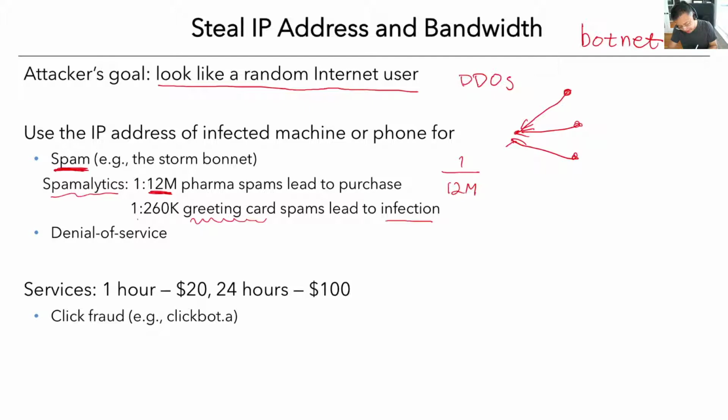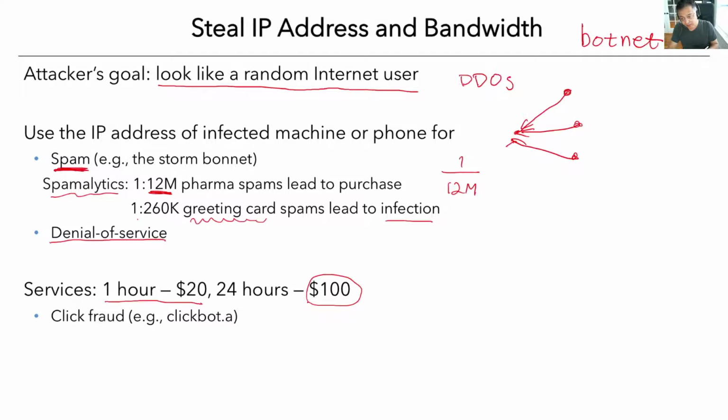They can also do distributed denial of service. This is the rough cost to launch a distributed denial of service: for 1 hour, it will be about $20, and for 24 hours, that'll be $100.